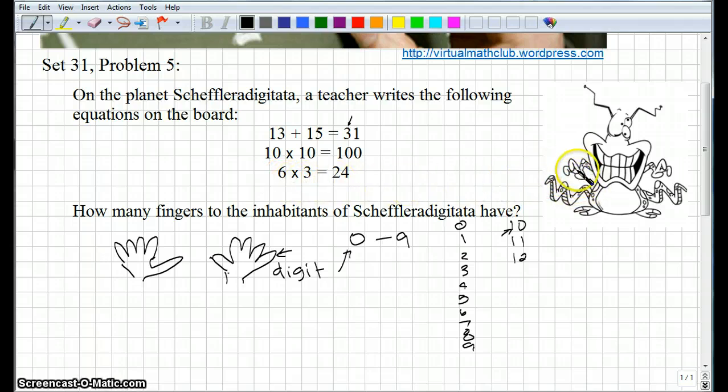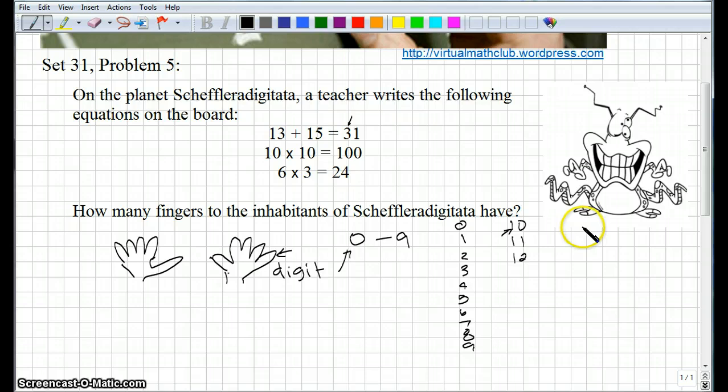So let's say, for example, here's this little monster here. We don't know if he's actually from the planet Schefflera digitata or not, but if he's got 6 fingers, how would he count? He would count using a base 6 system, right?